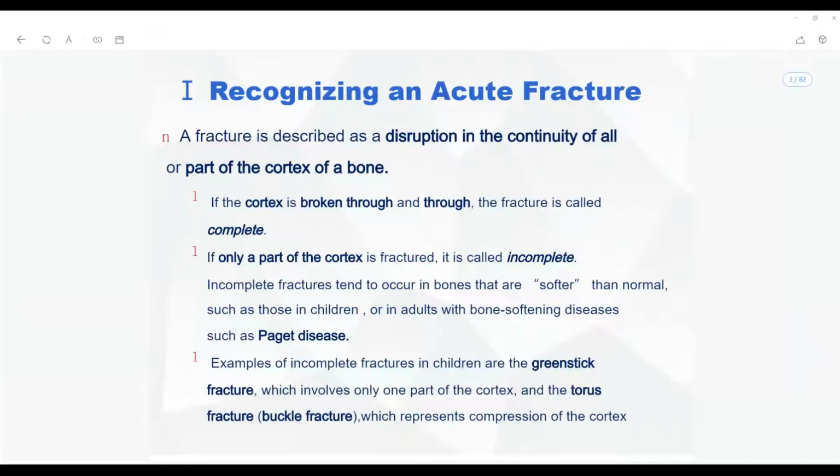I think you will learn this in epidemiology and public health medicine if you have studied it already. If you haven't studied this, better you try to learn about the triage classification. It's a very, very important topic to learn for doctors in clinical practice.